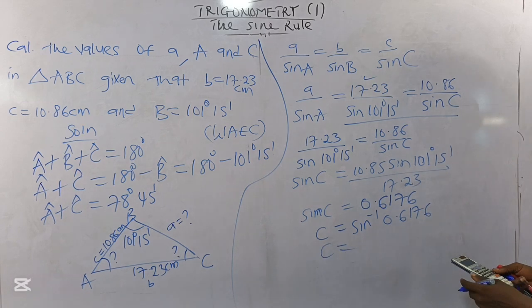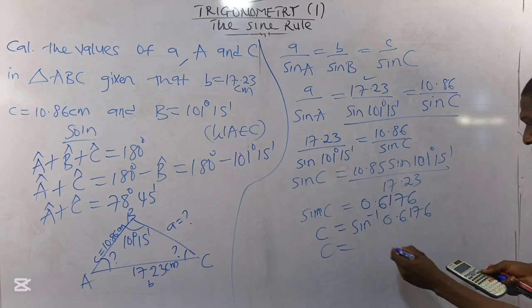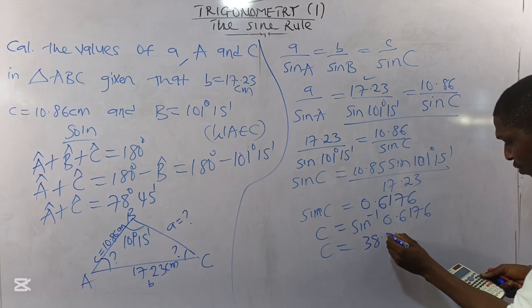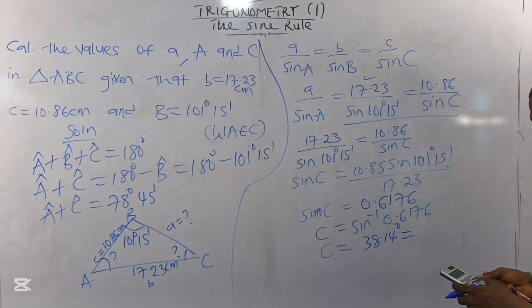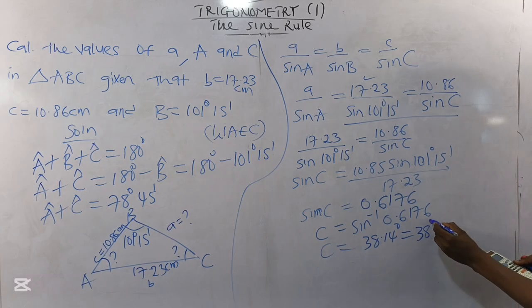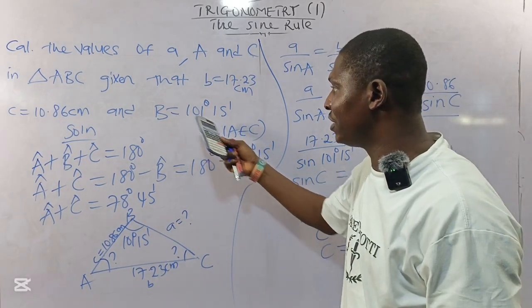To get it from your calculator, you simply press shift before sine and enter this value. That will give me 38.14 degrees. And if I press my degree, minute and second button, it will convert it for me to give me 38 degrees 8 minutes.